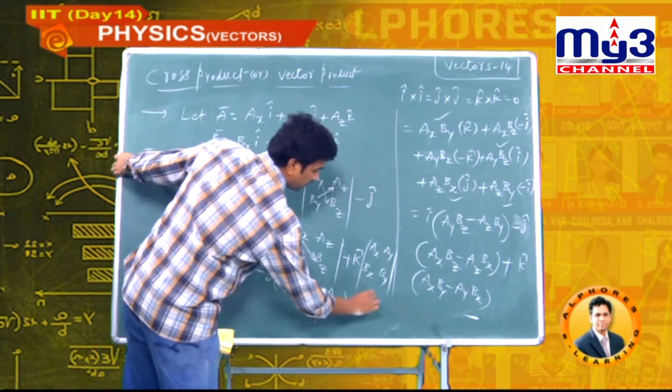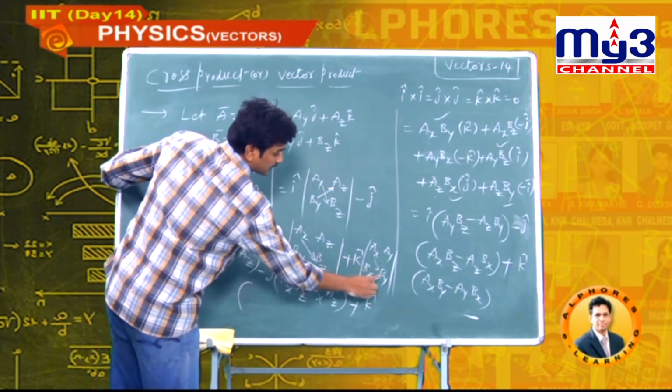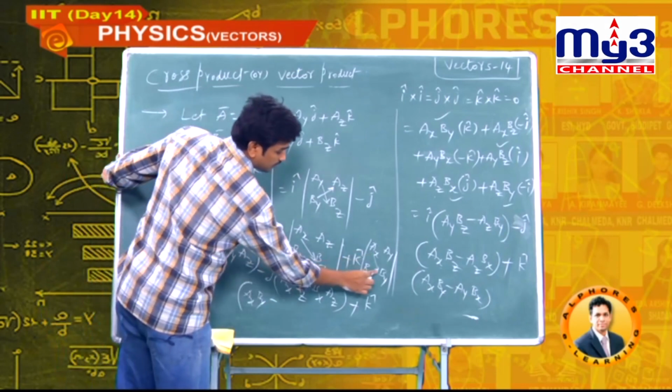Plus K cap, multiply these two: Ax By, minus, after this minus, Bx Ay.